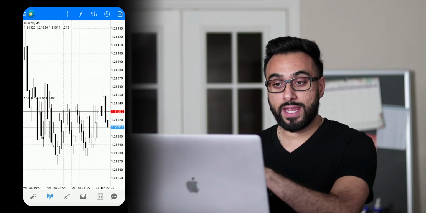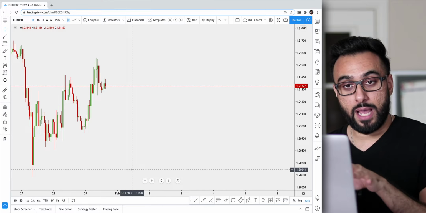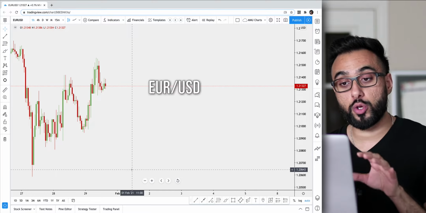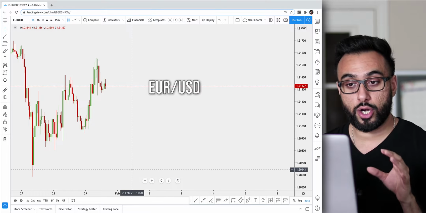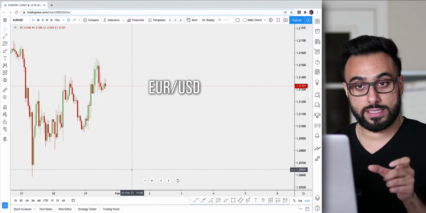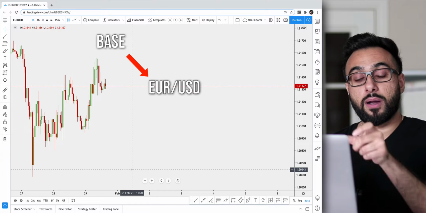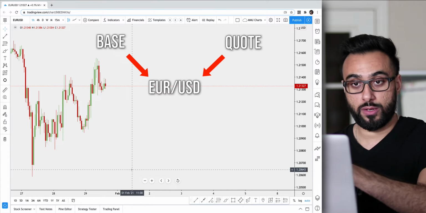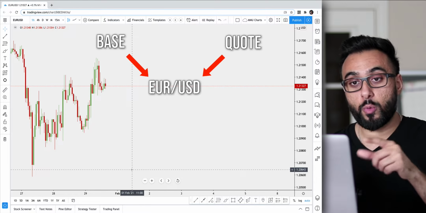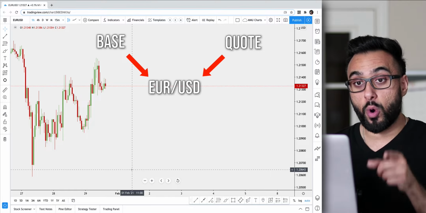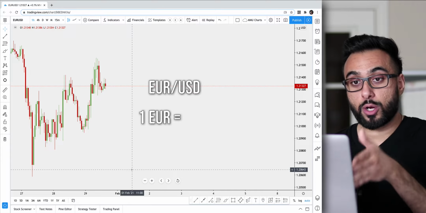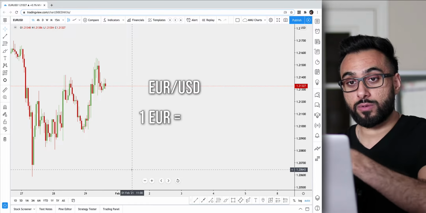Now that the trade is running, let's go ahead and get to the good stuff, right? The sweet, sweet cash. Now, whenever you're looking at a currency pair, so for example, this one here, we're looking at Euro USD. Whenever you're looking at a currency pair, the left currency, for example, Euro, or the base currency, is always going to be compared against the quote currency, or the currency on the right-hand side. So the way you want to think of this is 1 euro is equivalent to X amount of US dollars.